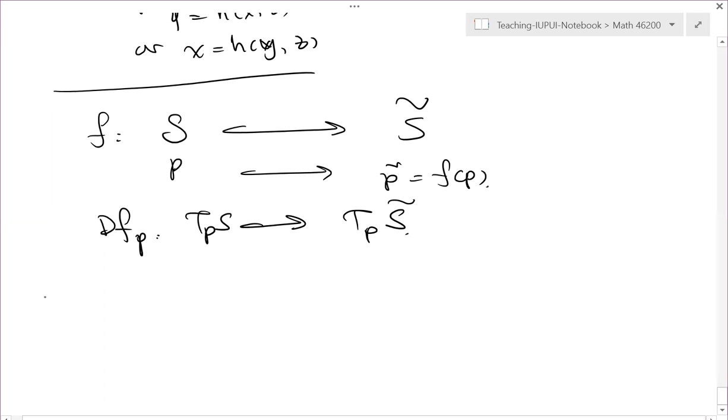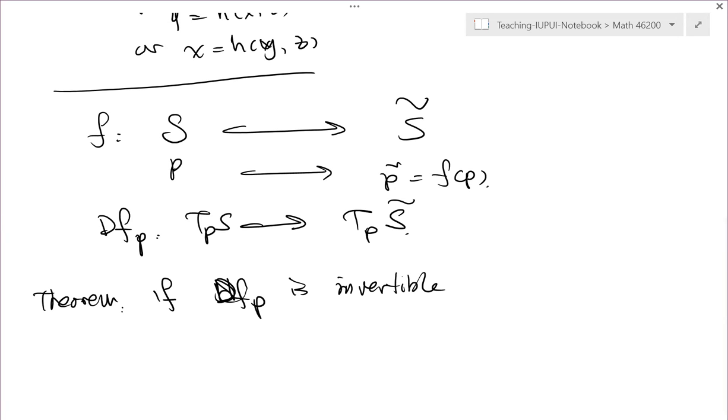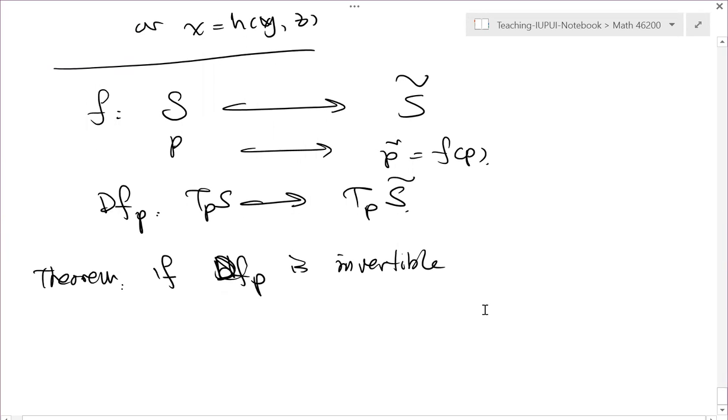So the theorem says that if df_p is invertible, in other words, as a linear map it's easy to check, then the corresponding matrix is non-singular. You can find the matrix.